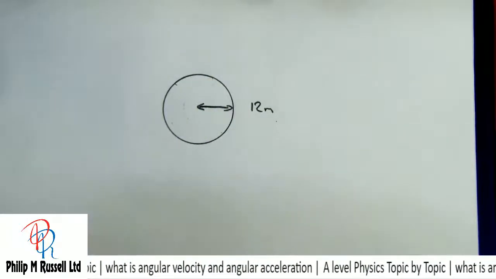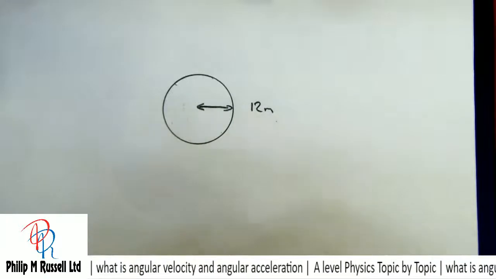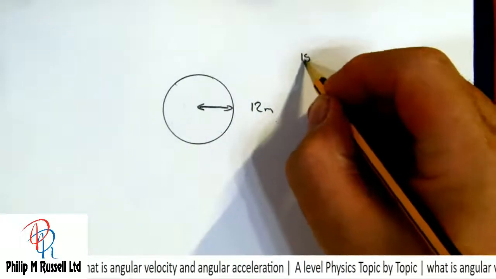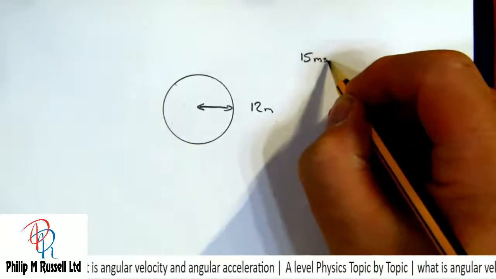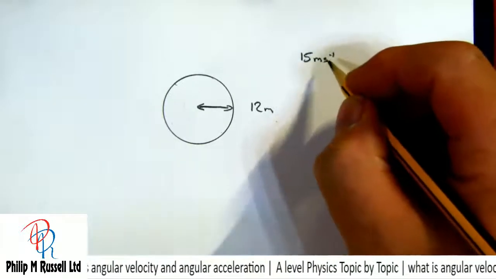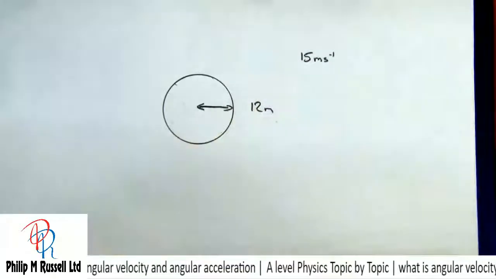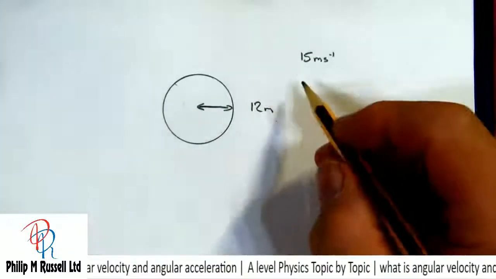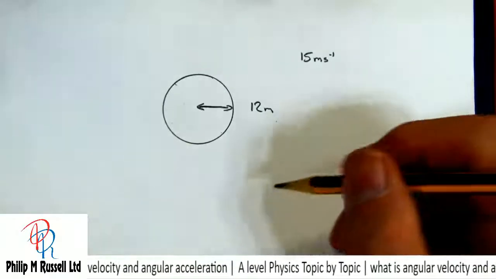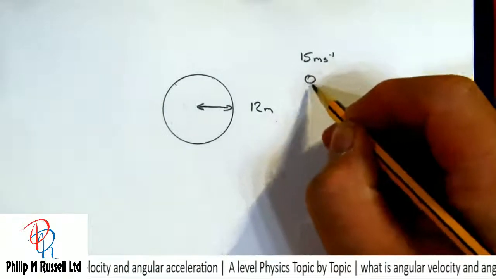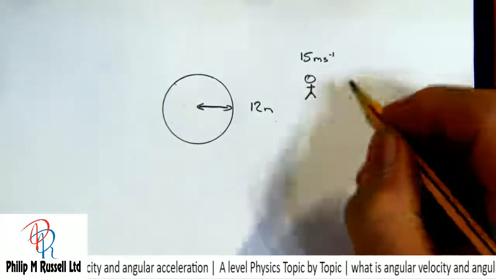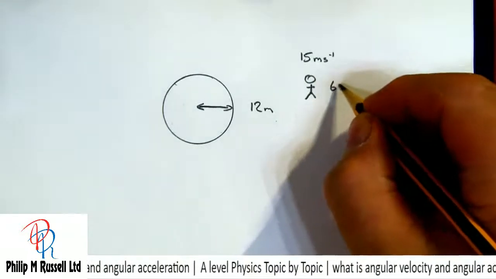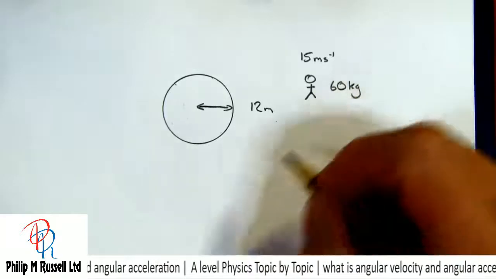Well, I don't really know, so let's have a guess. Let's say we're going to go for 15 meters per second, and let's see if we can work out what the centripetal force on a typical passenger is going to be. So let's take our typical passenger and give them a mass of, let's say, 60 kilograms.